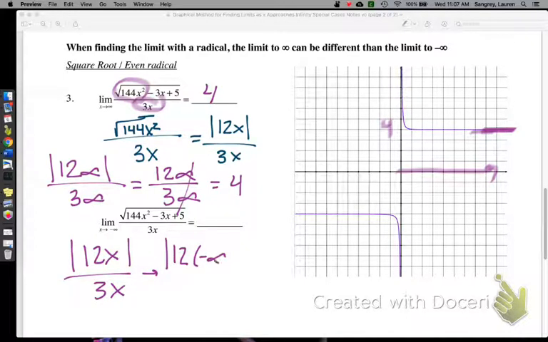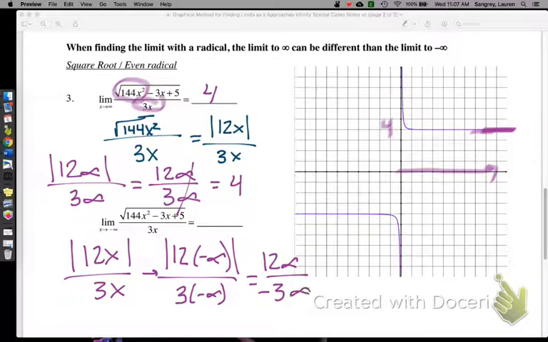So we have 12 times negative infinity in the absolute value over 3 times negative infinity. The numerator is still in the absolute value, so we know that's going to come out positive. Now the denominator is going to be -3 infinity. Those infinities cancel. 12 over -3 is -4.